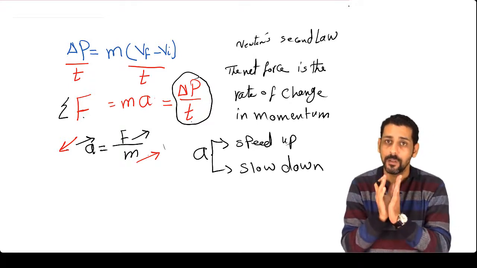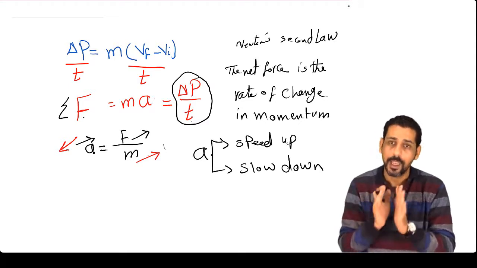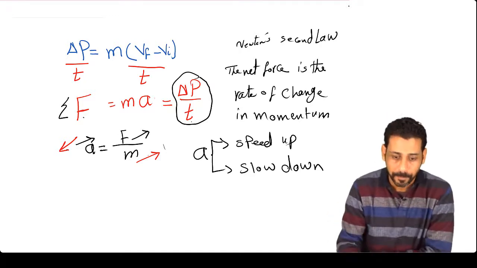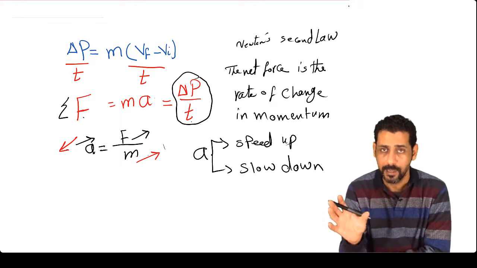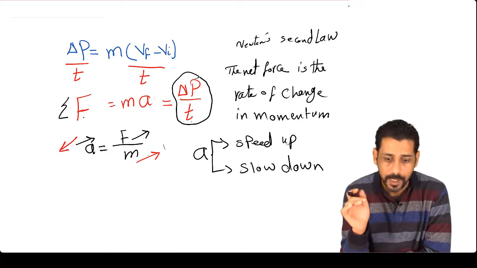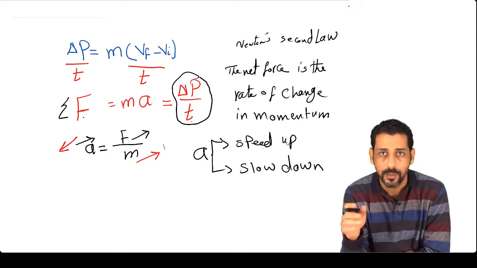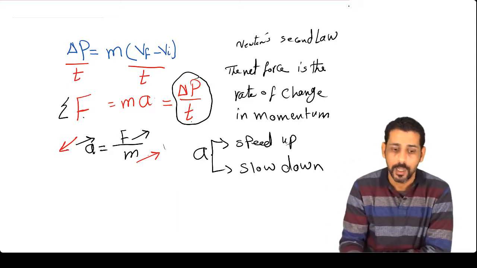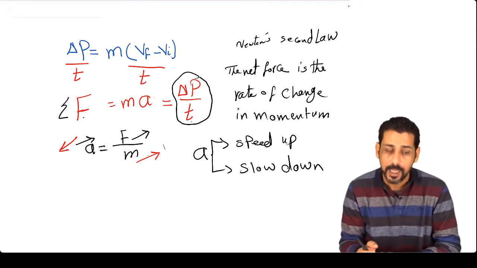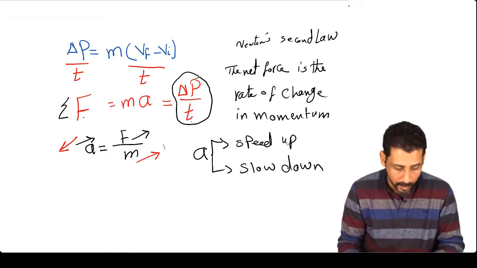But if the same man pushes a truck or a big car, it's not easy to accelerate it. So if someone is pushing a car and it's a toy car with a small mass, it's easy for its speed to increase quickly. But if the car is big, it's not easy for that to happen. The reason is that the relation between mass and acceleration is inversely proportional.